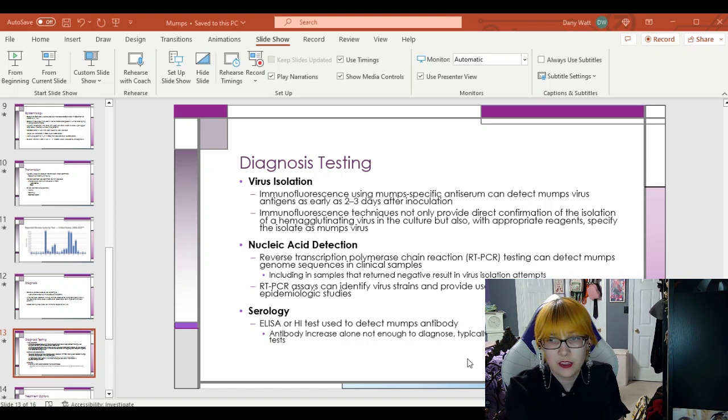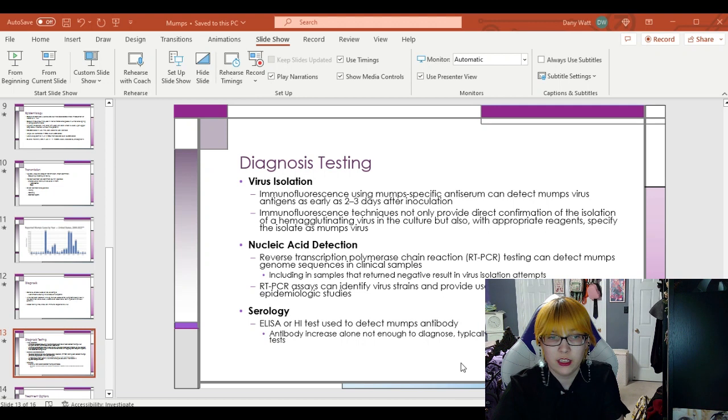And that's done as an additional test for samples that returned a negative result in isolation. It can identify the specific strains and also provide information for epidemiologic studies. So that's for if you're doing analysis or comparing worldwide.